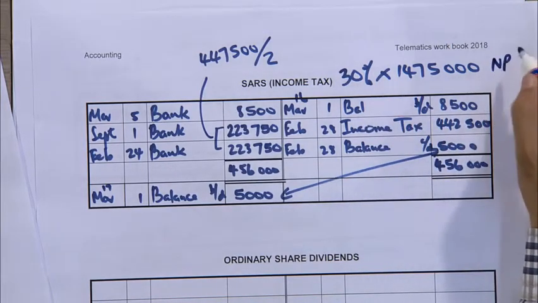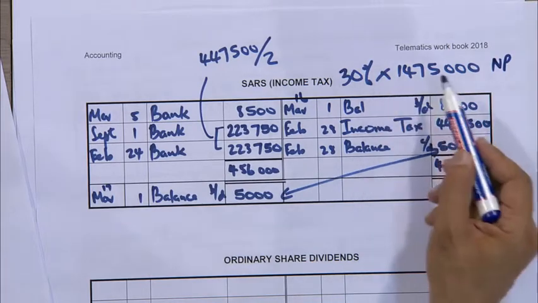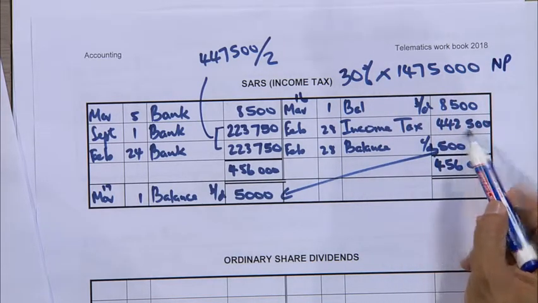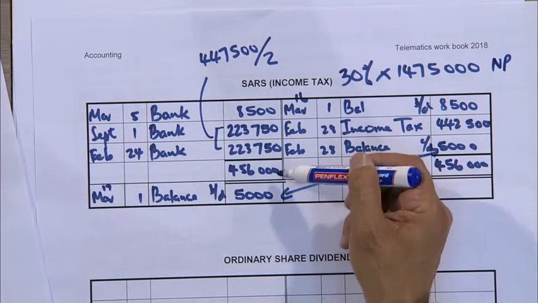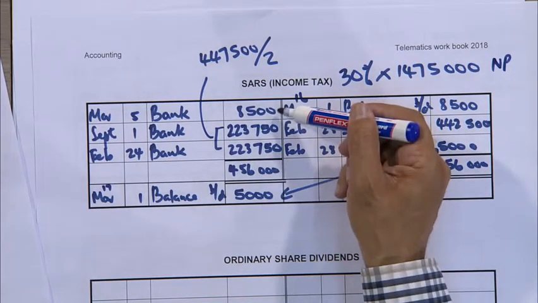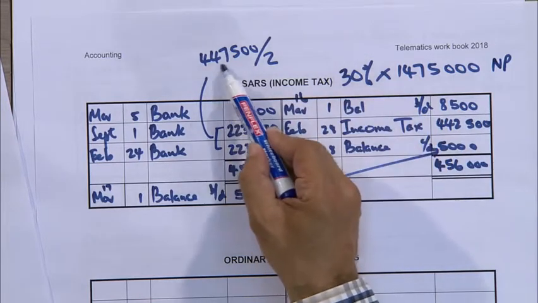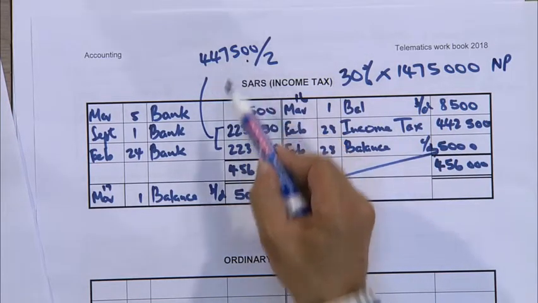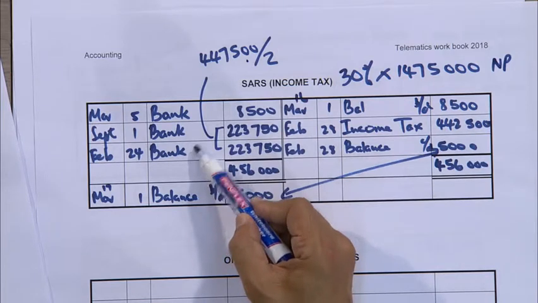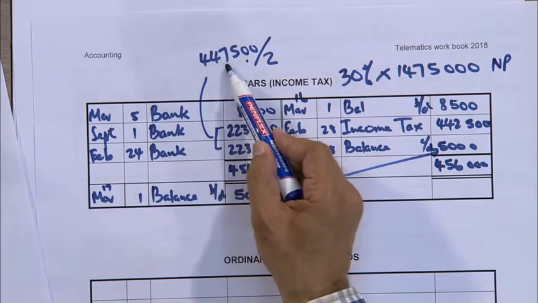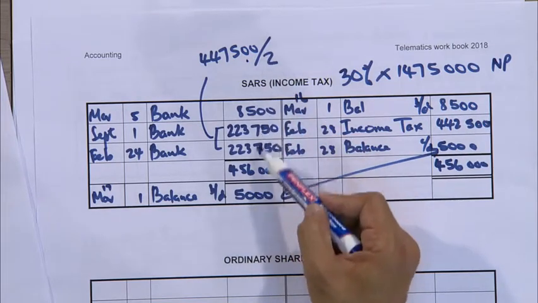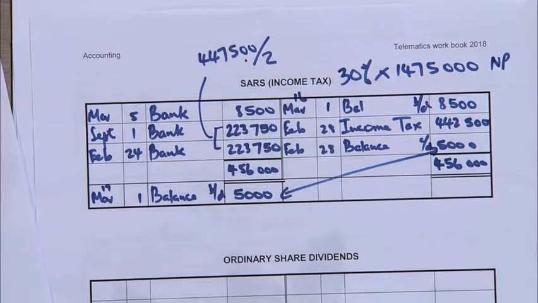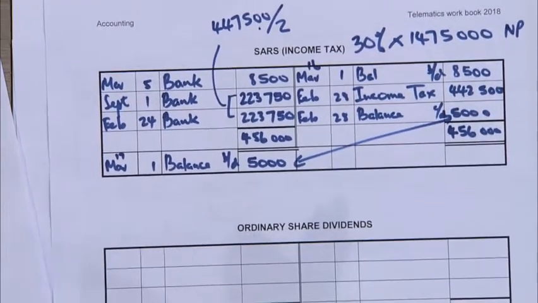That figure is my net profit over there, so I'll calculate 30% of that and fill in the income tax. I'm adding, and I'll make that the total. So I take the 456 minus the 8,500 and get 447,500. Those two bank figures make up 447,500, and it says it's 2 equal payments, so I divide by 2 to get the amount each one has to pay.